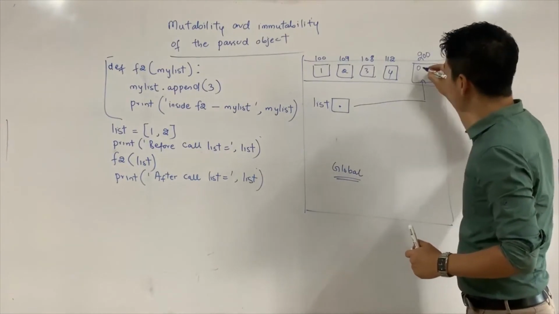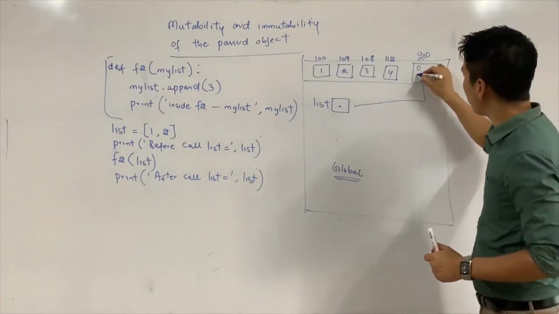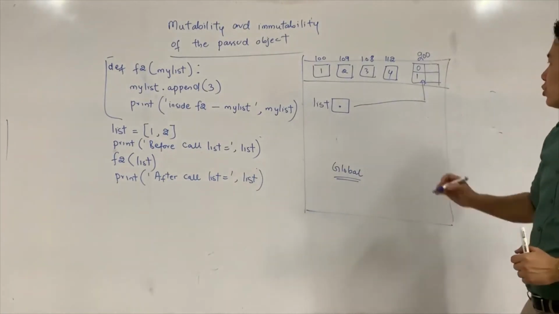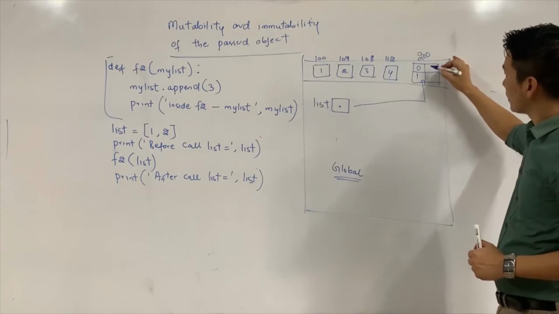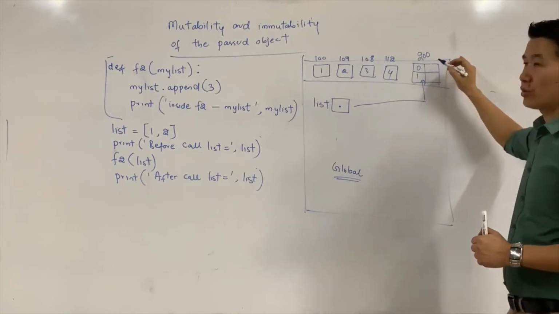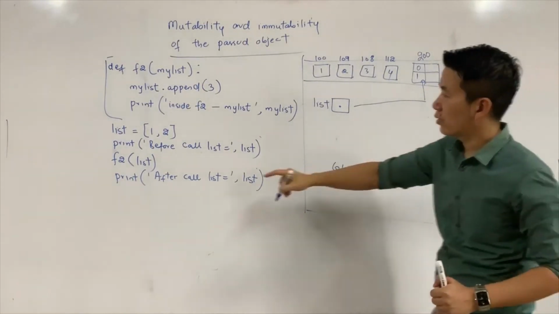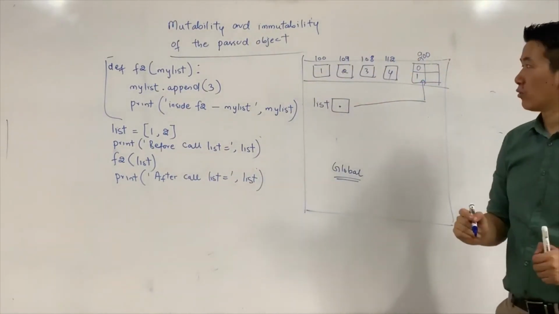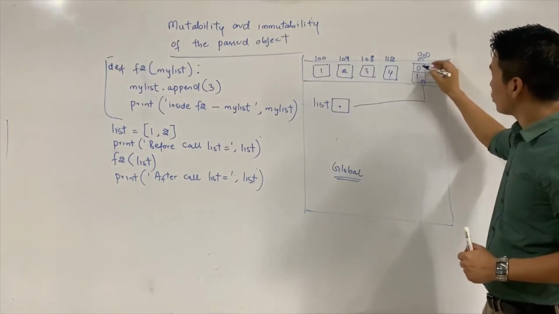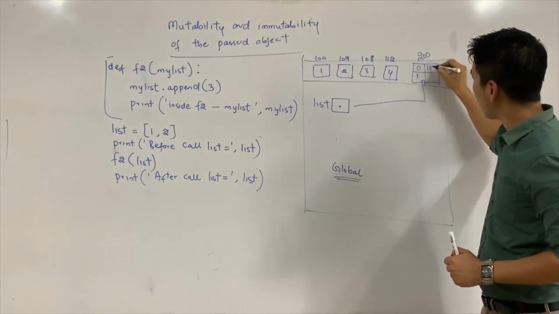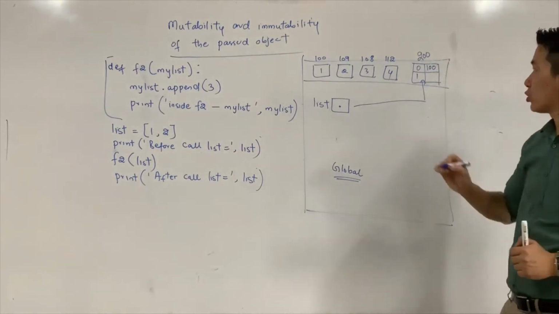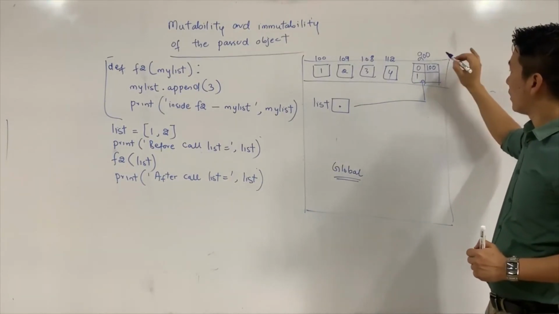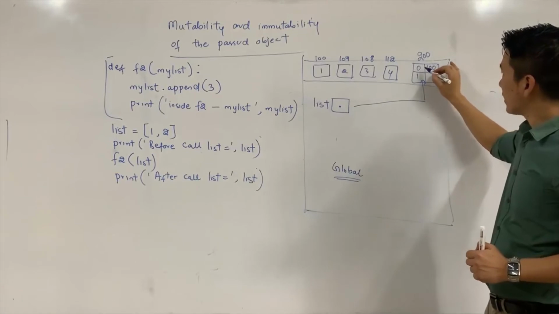So you have the index. Remember, index 0 and index 1. The first element is 1, and the 1 has the address of 100. Just aside to the index, you will have the address of the first element, with the index of 0.